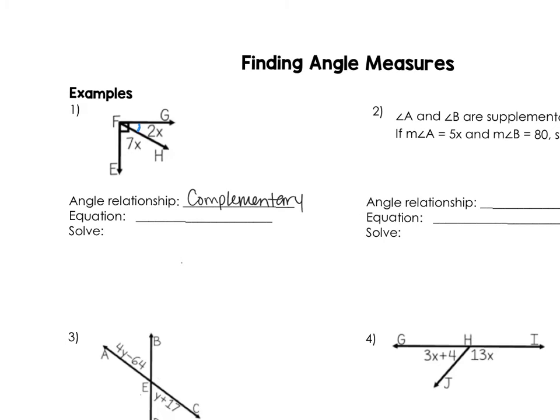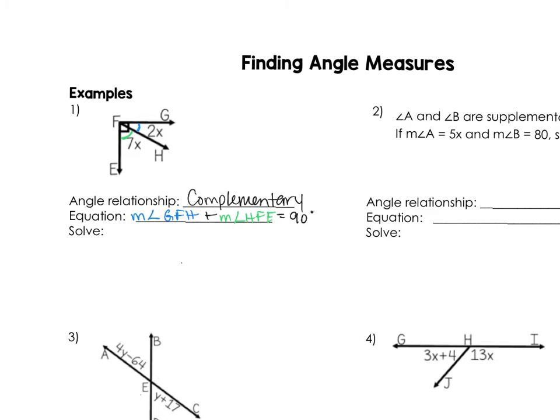So I can say the measure of angle GFH plus my other angle is this guy right here. So plus the measure of angle HFE. And because those are complementary, I know when I add them together, they equal 90 degrees.